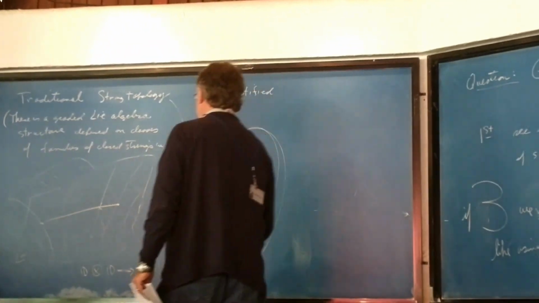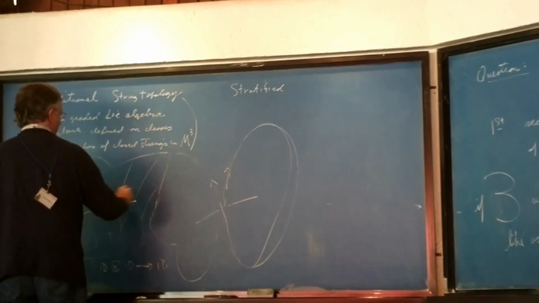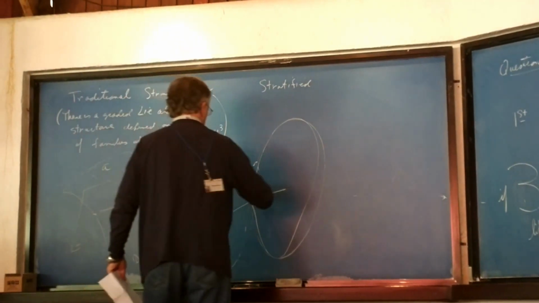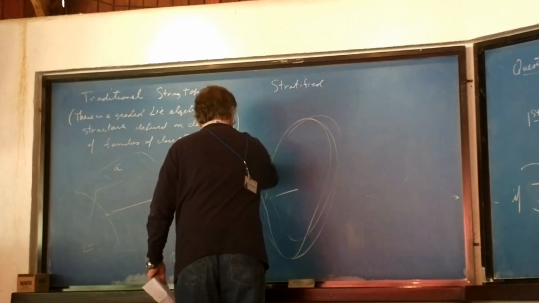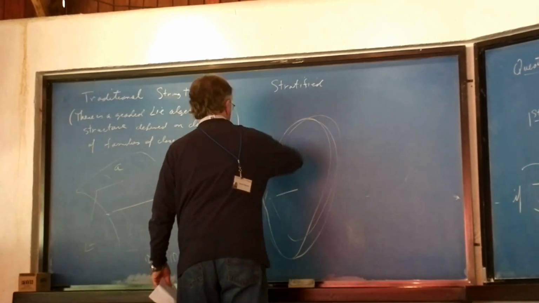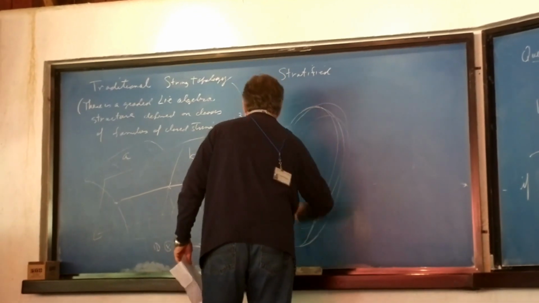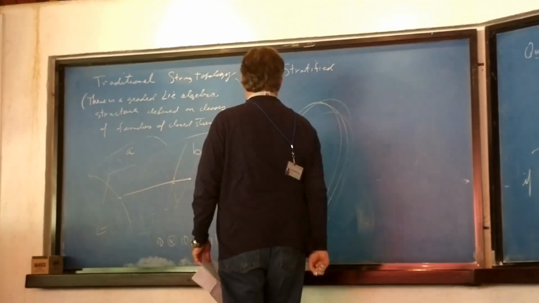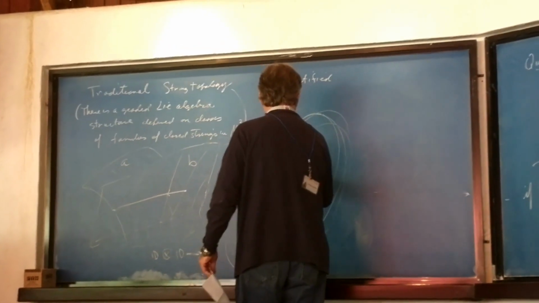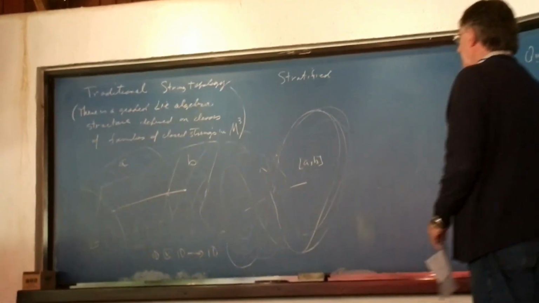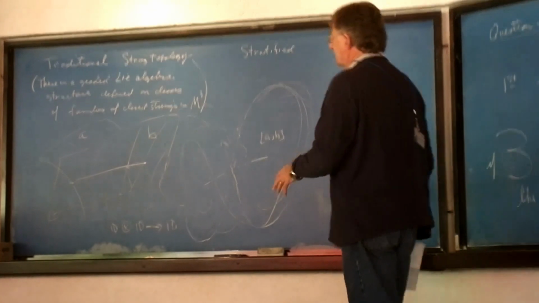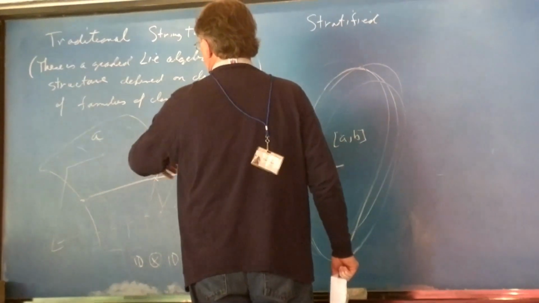And if you call this family A and this family B, we have this at every point. Then this would be the bracket A with B.